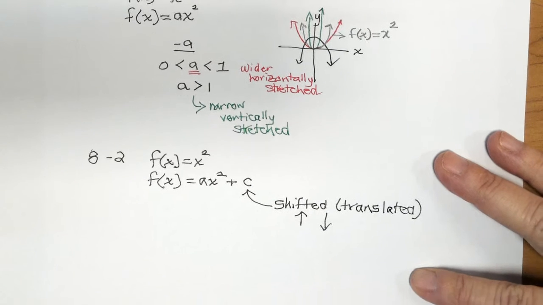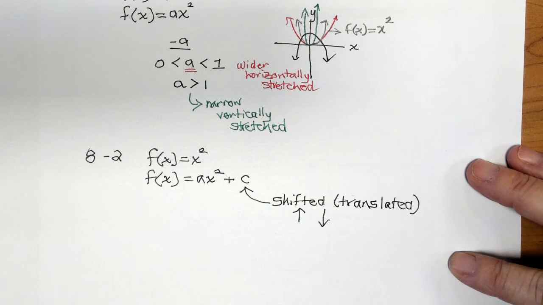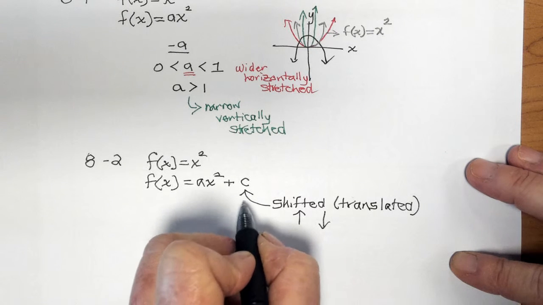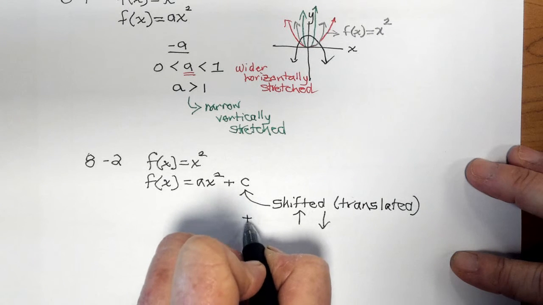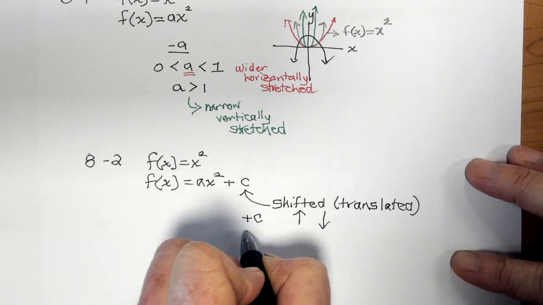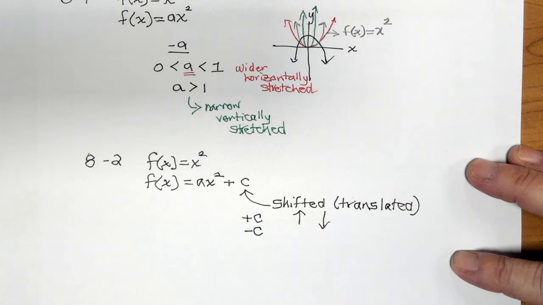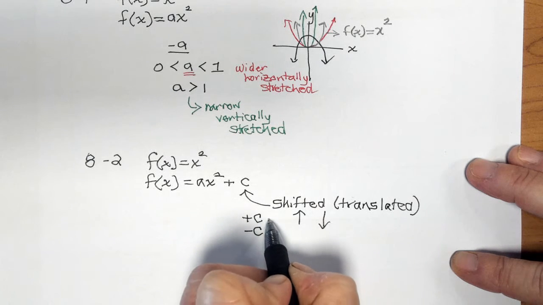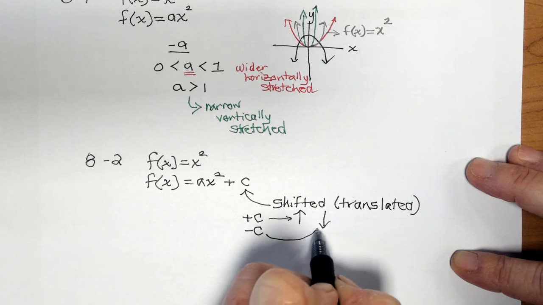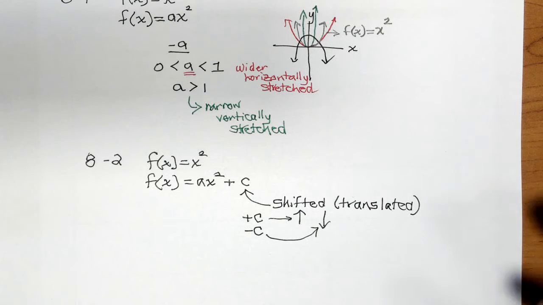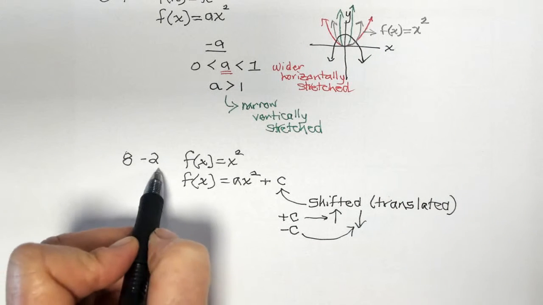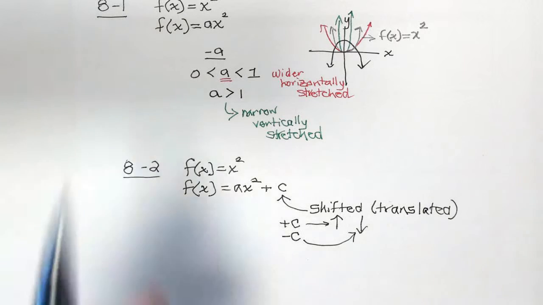It shifted up or down depending on whether I had a c that was positive or a c that was negative. Shifting up was positive and shifting down was negative. Again, you did a lot of graphing in your homework relating to these two lessons.